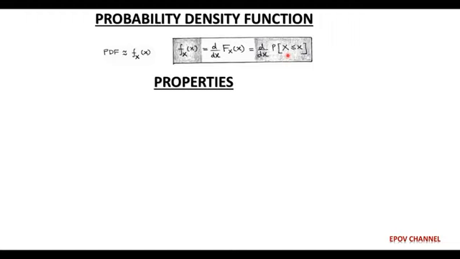Next, we talk about the properties of probability density function or PDF. The first property of function PDF is that it is always a non-negative function, that is for all real value x, small f function small x is always greater than or equals to 0.